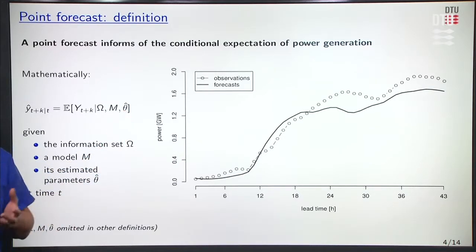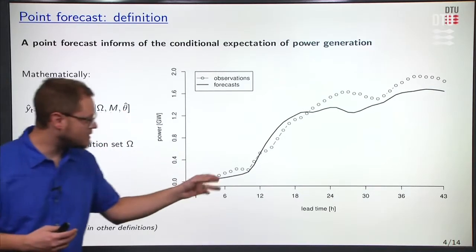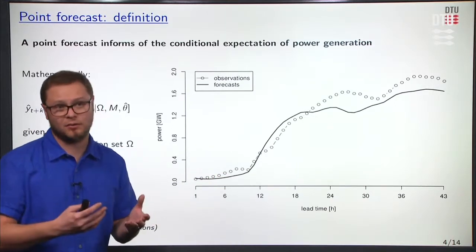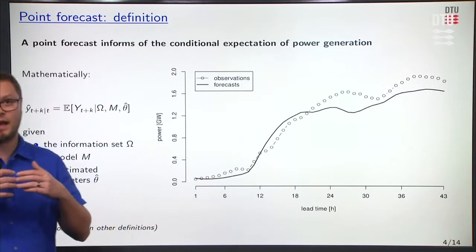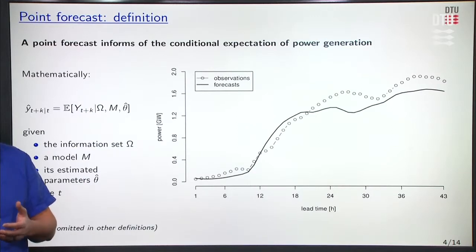So a point forecast that is given by a single value, like here for each and every lead time, should not just be seen as, I'm sure this is what's going to happen. Actually, it is the average of what I think is going to happen.